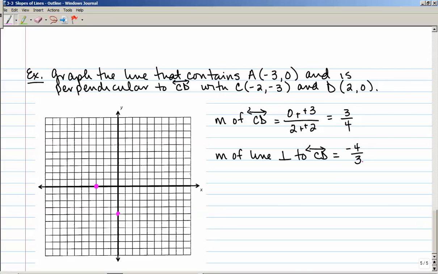So negative 4 over 3 is down 4 and right 3. Suppose I would put the negative on the bottom. That would mean I go up 4 and left 3. And there is the line that is perpendicular to line CD with those given points and passes through the point A, which is (negative 3, 0).